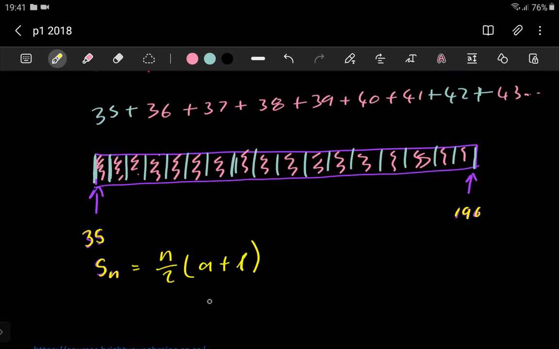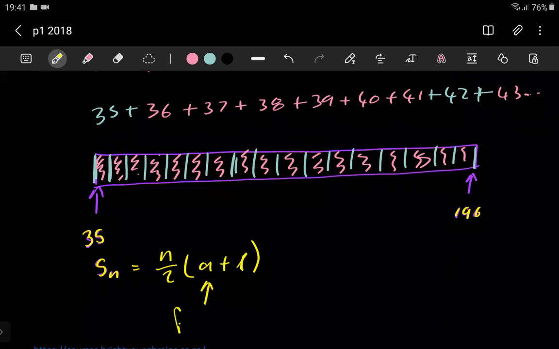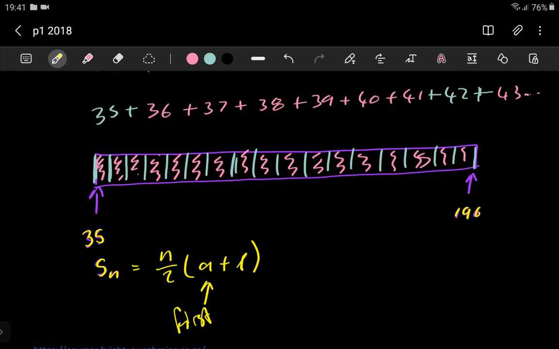You can use it as long as you have the first term and the last term. Here the first term, and here the last term. Now adding up everything, we can just use that formula, because we have the last term, which is 196, and the first term, which is 35.